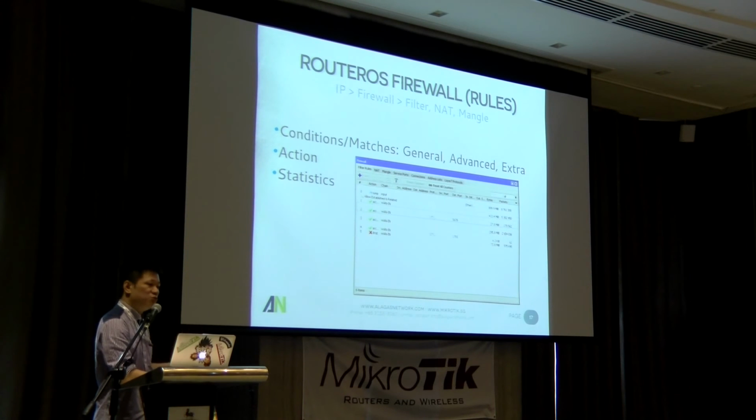When you create a rule, you want to know whether it actually matches what you want to filter. Let's say I want to block an IP address of 1.1.1.1. But how do you know that it's blocked? When you add the rule, you drop the connection with the source address 1.1.1.1. Check the statistics. It will tell you whether this rule is being matched. Is there any hit on these rules?